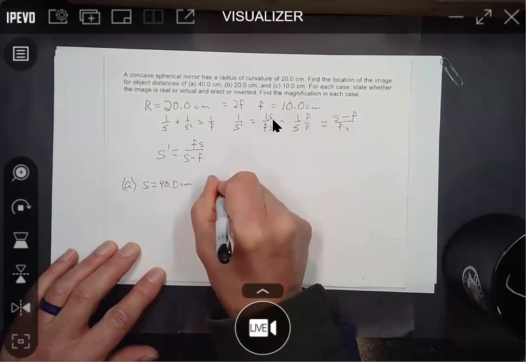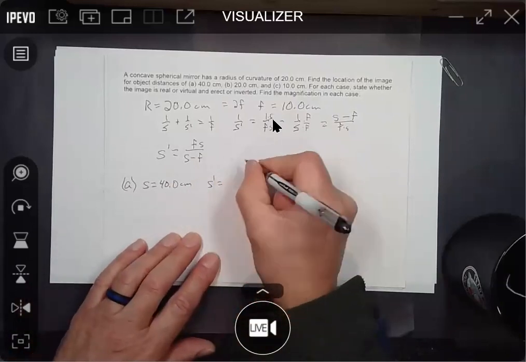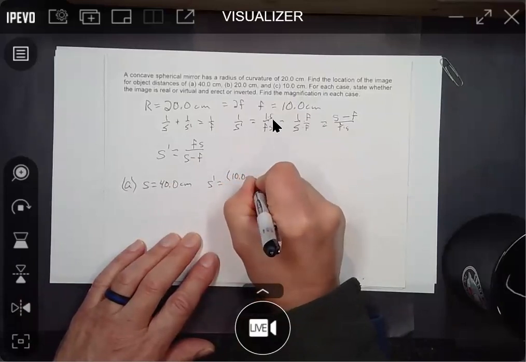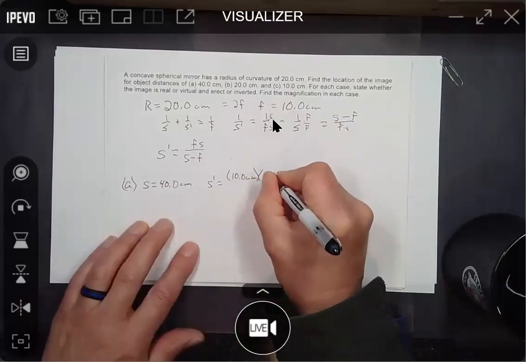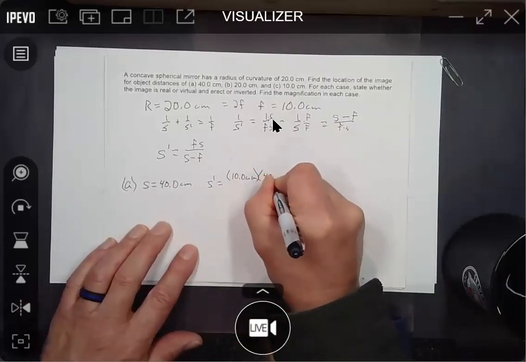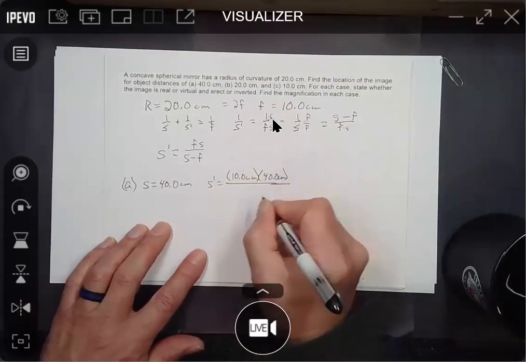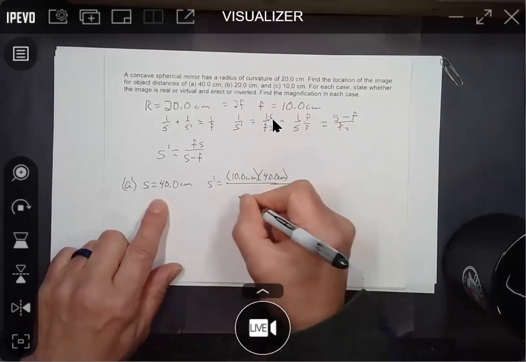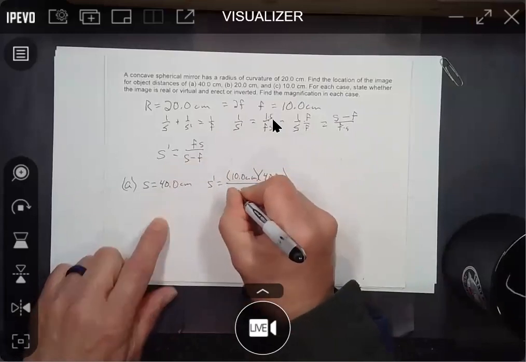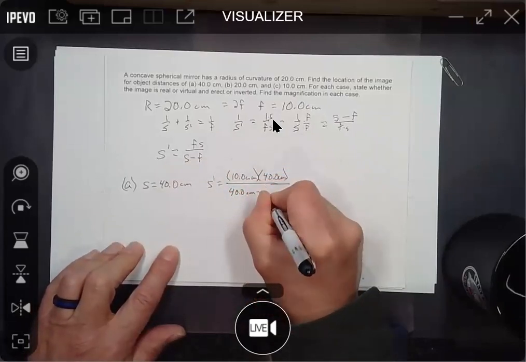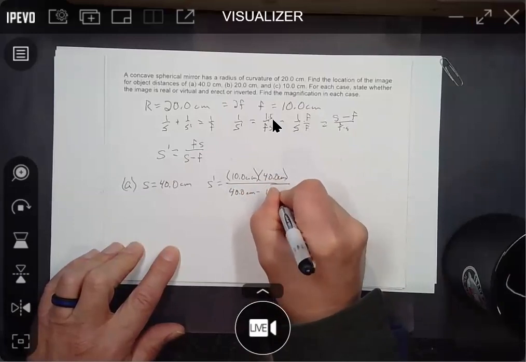So S prime will equal F, my 10 centimeters, times S, my 40 centimeters, divided by S minus F. So 40.0 centimeters minus 10.0 centimeters.